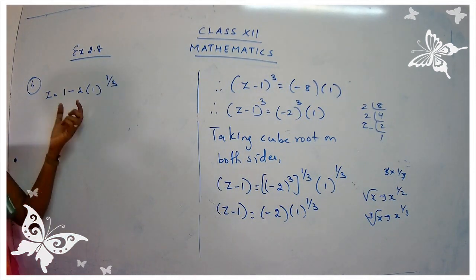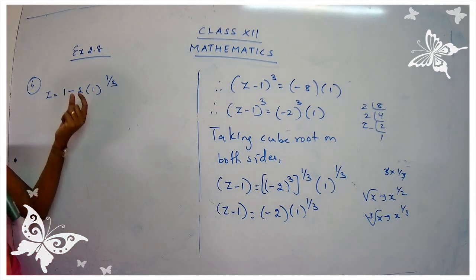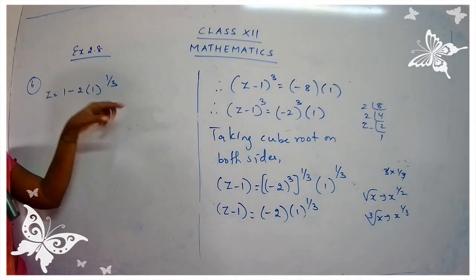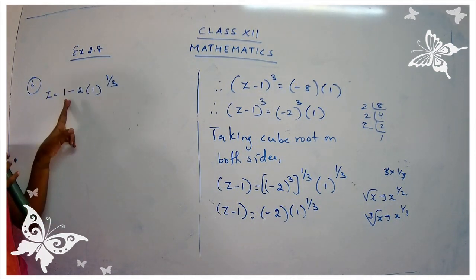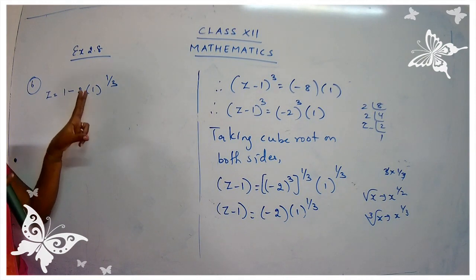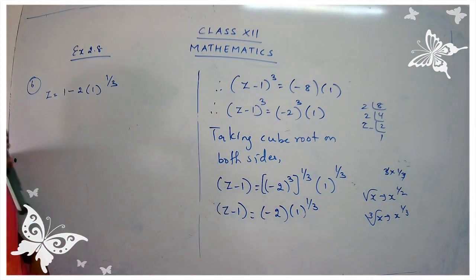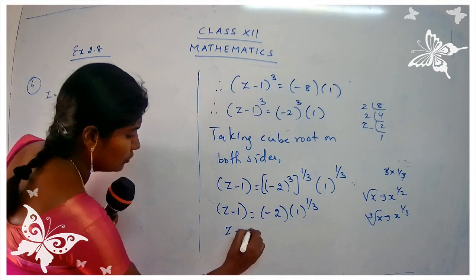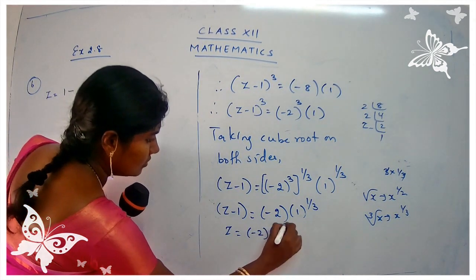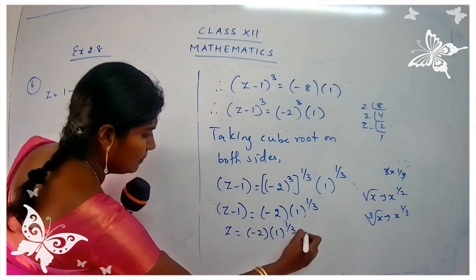You may ask that we keep this term first. Okay, we keep this term and you have plus 1. So I have just arranged them and have written as 1 minus 2, everything as it is, 1 the whole raised to 1 by 3. So z is equal to, and if you have a confusion, we can have one more step here, z is equal to minus 2, 1 the whole raised to 1 by 3 plus 1.